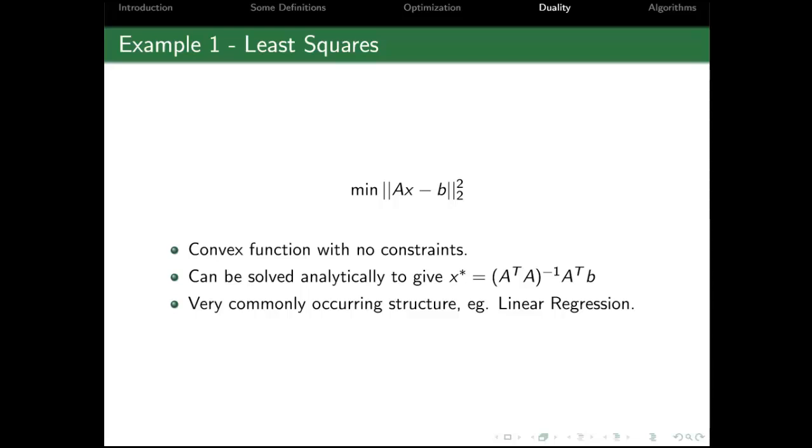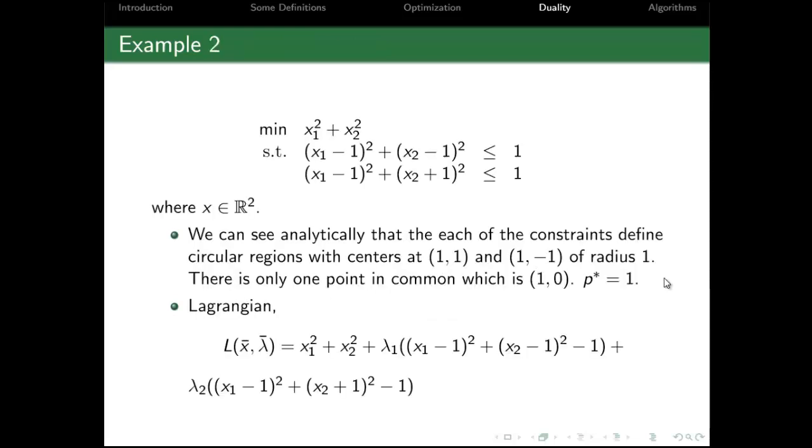We've already solved this while solving linear regression to get x star as (A transpose A) inverse A transpose b. So this is a very trivial convex optimization problem which you are able to solve just by differentiating.